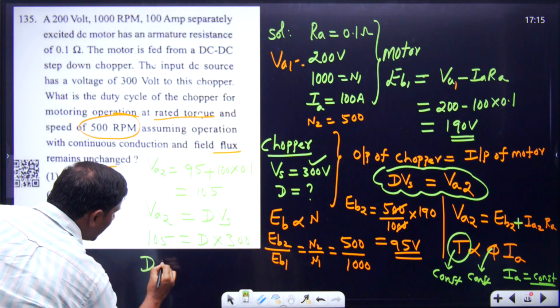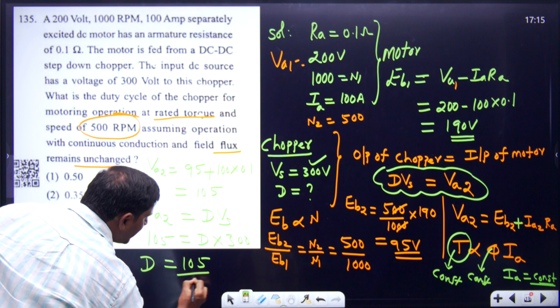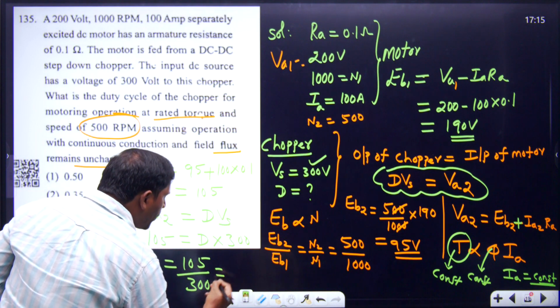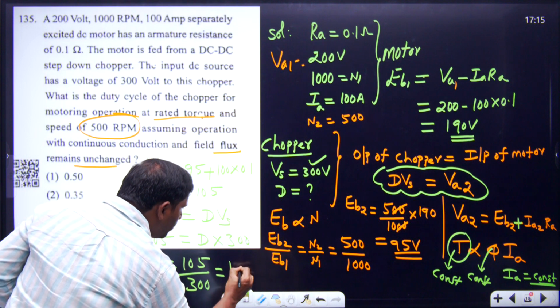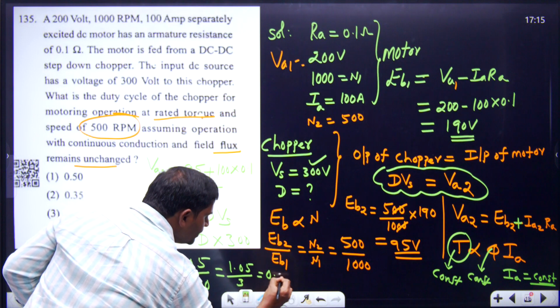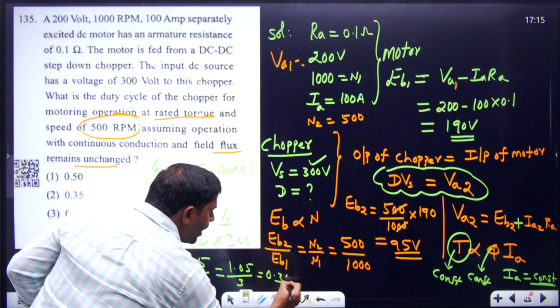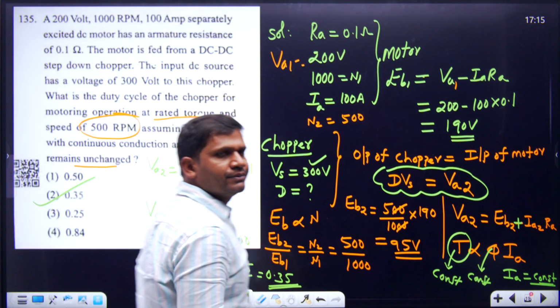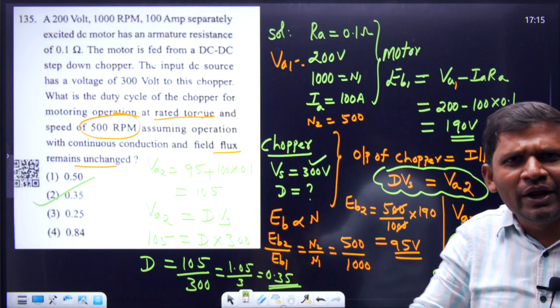Then what is the duty cycle? 105 by 300, approximately equal to 1.05 by 3. This is 0.35. Duty cycle equal to 0.35. Option 2 is correct.